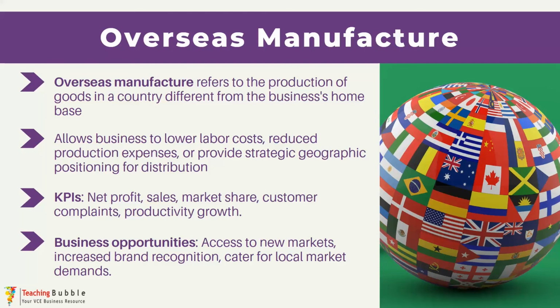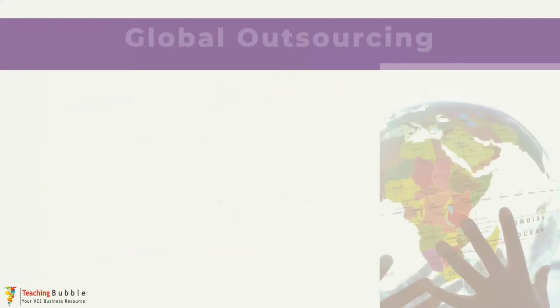And because of the potential for cheaper production or even being able to access more specific expertise in certain countries, this method can really respond to concerns around net profit, customer complaints, and even improve overall productivity. And it can also allow business to enter new markets in the country that it is manufacturing in. And by having a direct presence in that market, it can also improve brand recognition, which can really help attract customers.